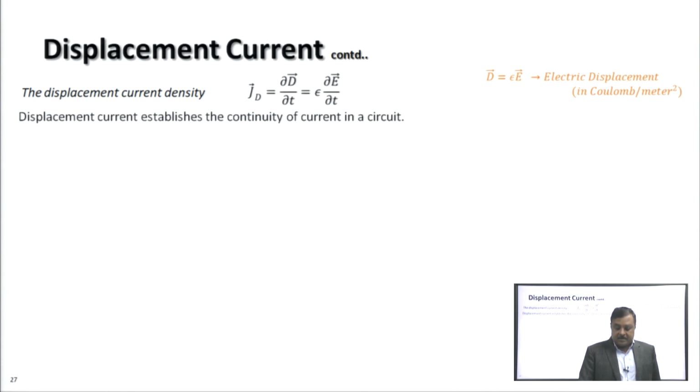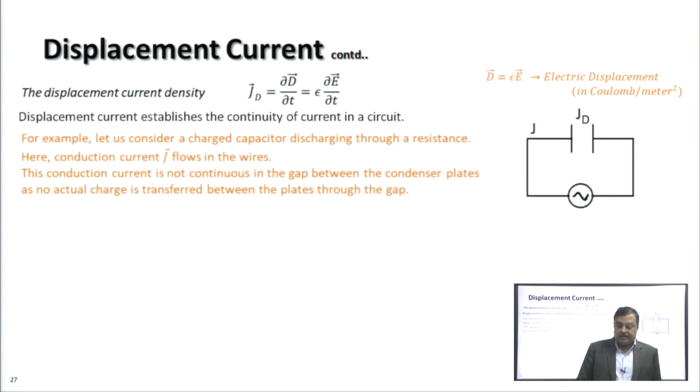So, let us see this figure. Let us consider a charged capacitor discharging through a resistance. Here conduction current J flows in the wires.